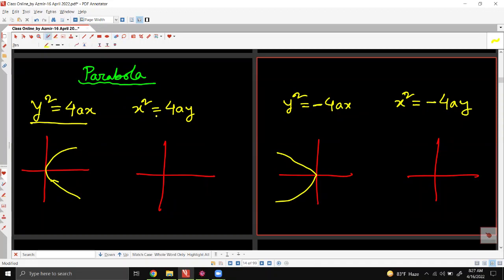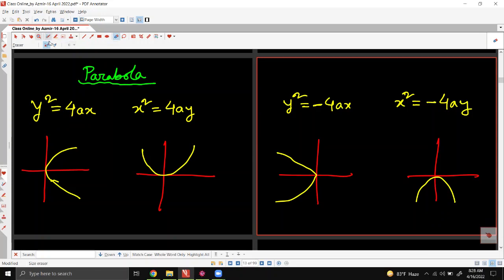What about x squared equals 4ay? It will be this one, so the opening side is in the upward direction, and similarly for x squared equals minus 4ay, the opening side will be in the downward direction. These are the four graphs which are known as the standard forms of parabola.